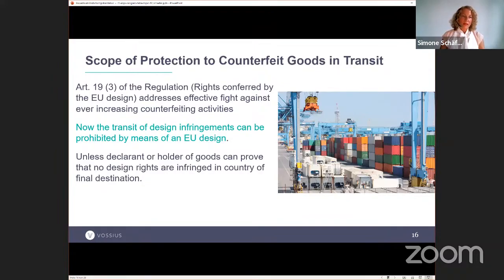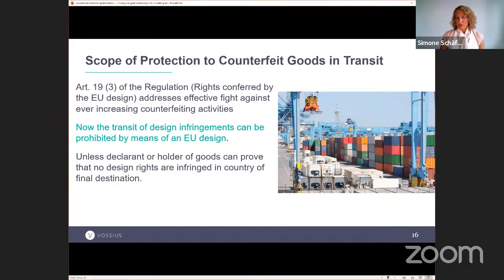It has come into force earlier for the EU trademark regulation, that also infringing goods which are in transit in the European Union can be seized and also can be destroyed. So in this case, the design right holder also can effectively fight against this kind of counterfeiting activities.